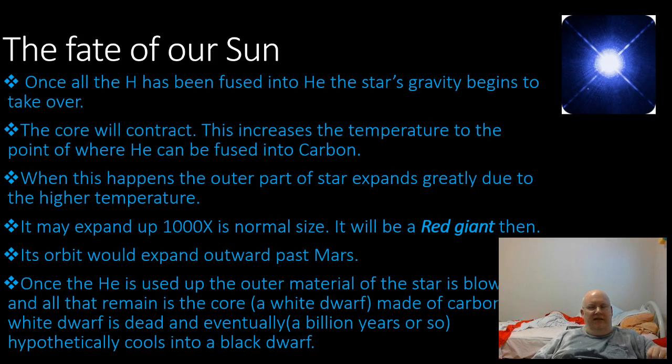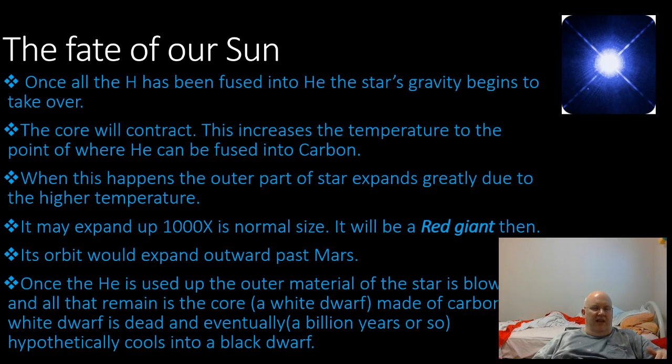Now, a red giant is many, many times greater in diameter than the star that it used to be. And in our solar system, scientists believe it will take up the orbits of the inner planets. So Mercury, Venus, Earth, and Mars will be consumed by this growing red giant.